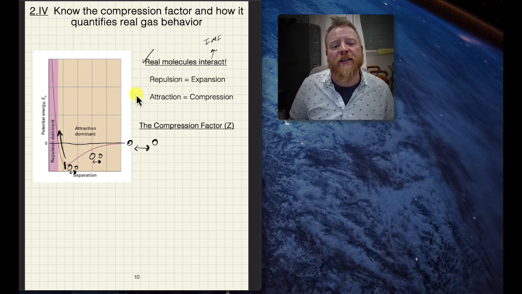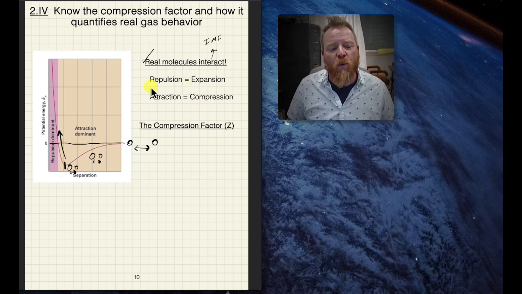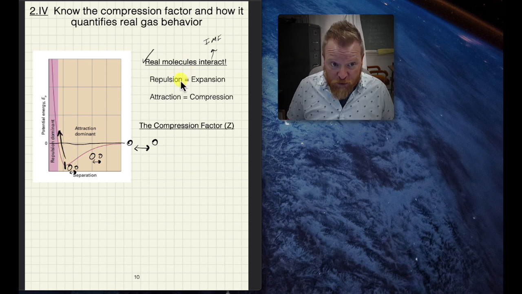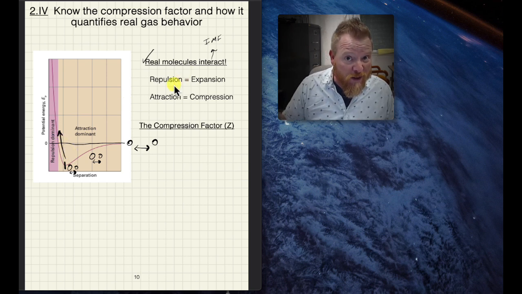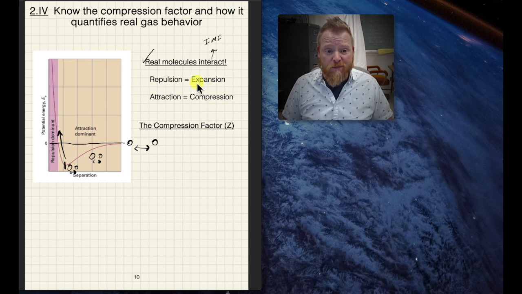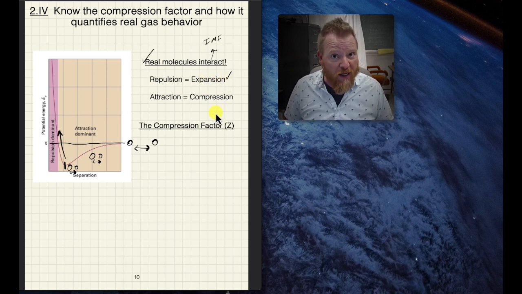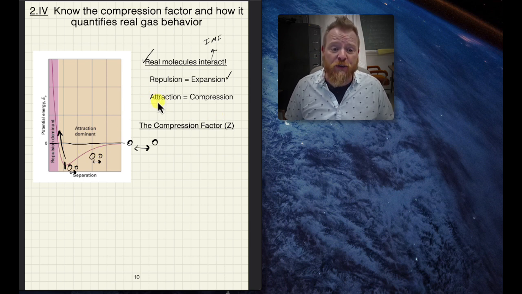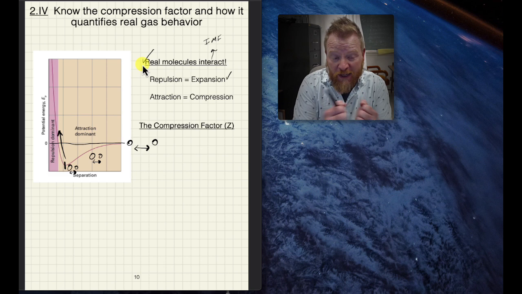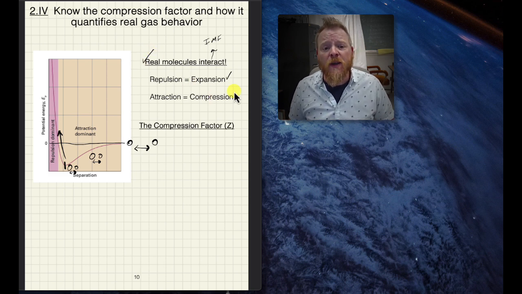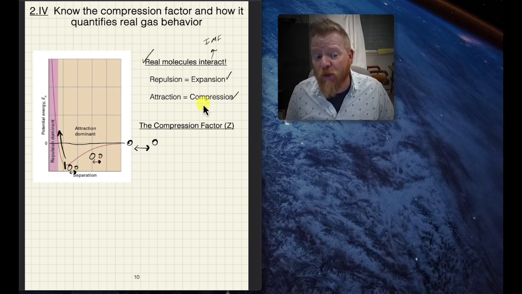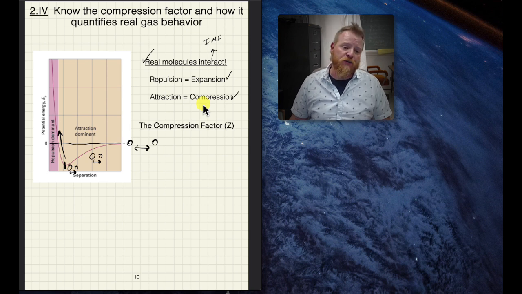So what we would expect out of that is when we have put the molecules too close together, they're going to want to push each other apart. So that will owe to viewing expansion relative to what an ideal gas would show. And if we're in this attraction regime, the molecules want to get closer together. So that would be viewed as compression relative to the ideal gas regime.